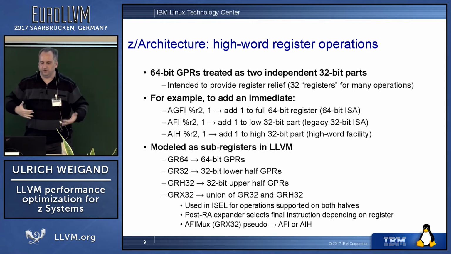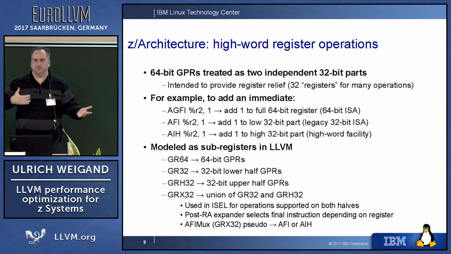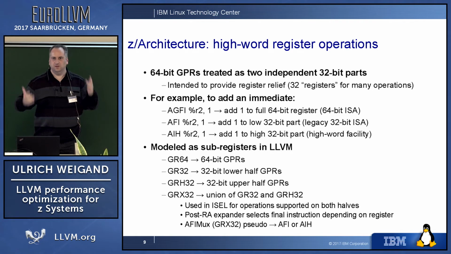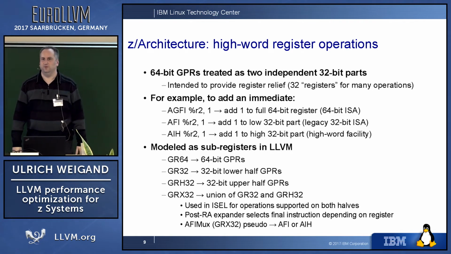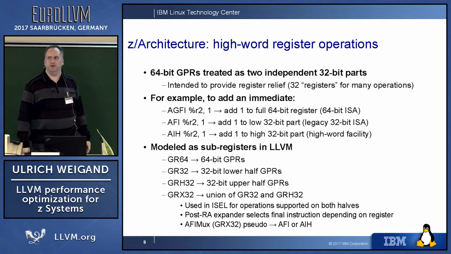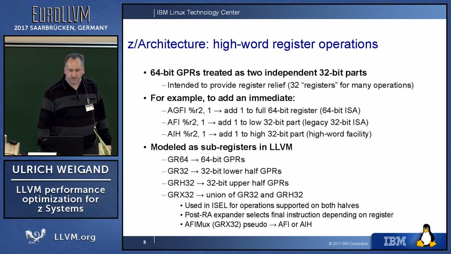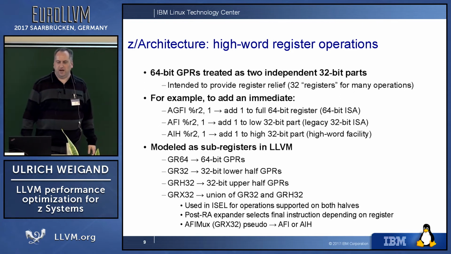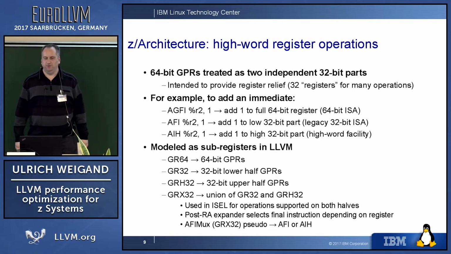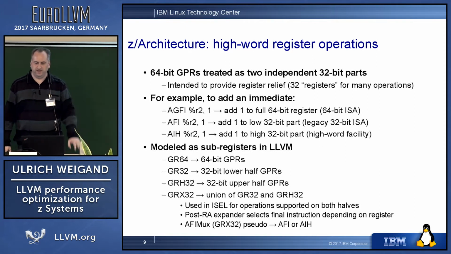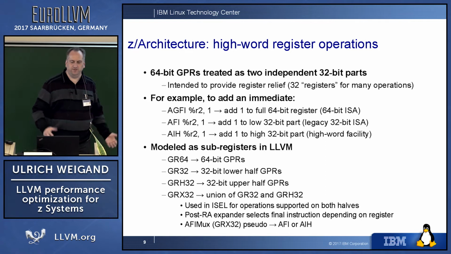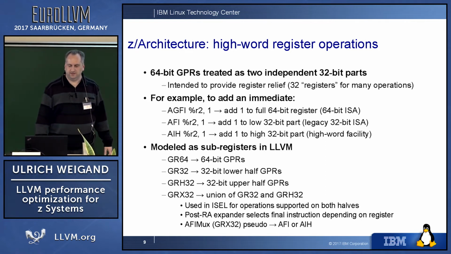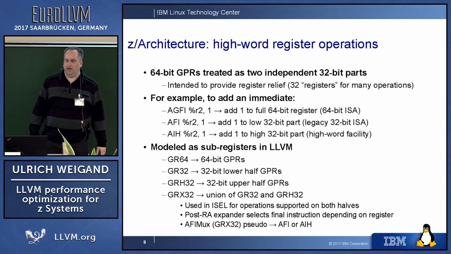The intent is to provide register relief, because 16 registers is the space where it would be nice to have more in some cases to avoid spilling. We exploit this to some extent in LLVM, but not fully, and that's one of the areas where we have been struggling with how to do that correctly in the LLVM infrastructure.